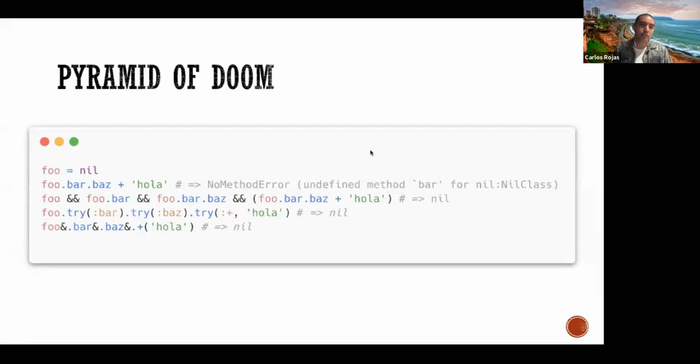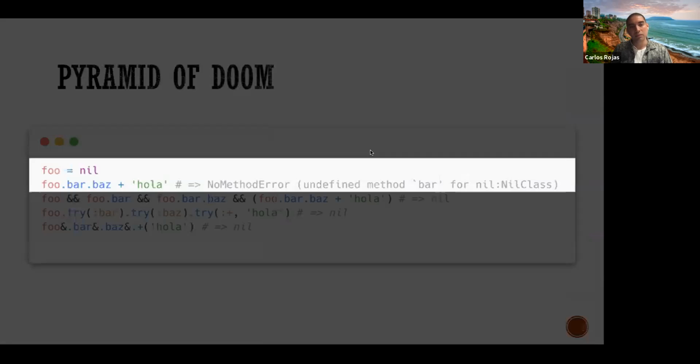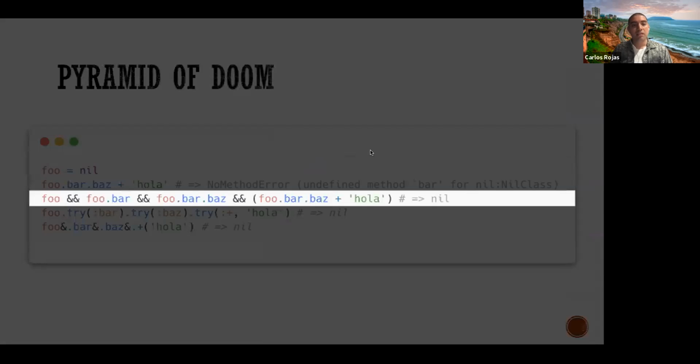So here we have the same case again. If we are initializing the first variable, in this case as nil, and then calling that chain of methods, it will explode. A basic way to solve this that most languages can probably do is relying on a feature of the AND operator.